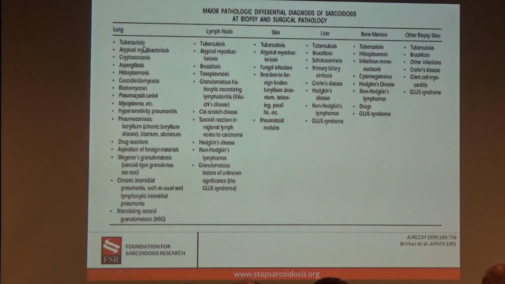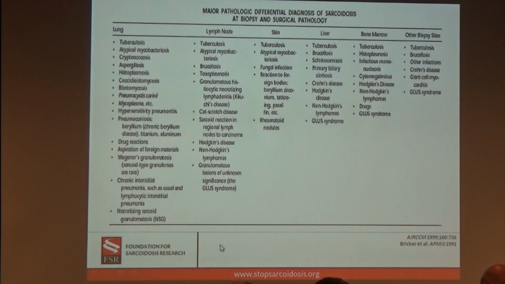There's infection on there. So these things are inflammatory problems. These are immune system problems. This is an exposure problem, beryllium, titanium, aluminum. Autoimmune problems. So let's say you have a lymph node that has a granuloma, these are all the other diseases you need to consider and exclude before you should say your patient has sarcoidosis.